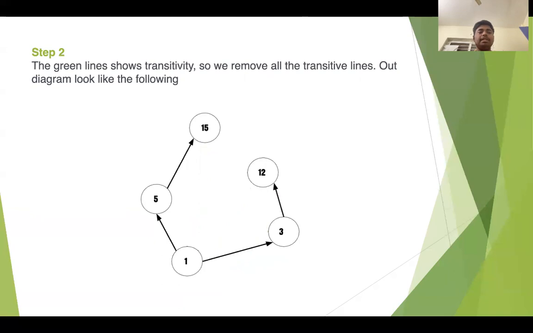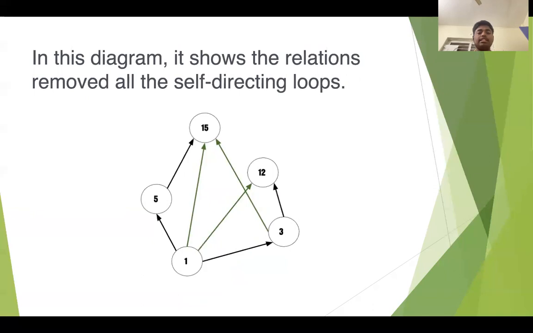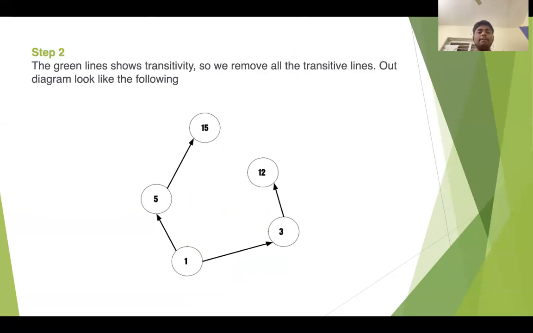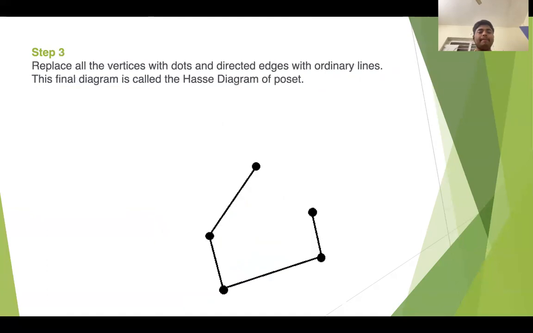Step 2. The green lines show the transitivity, so we remove all the transitive lines from the diagram. It looks like the following. Replace all the vertices with dots and directed edges with ordinary lines. This final diagram is called the Hasse diagram of a poset.